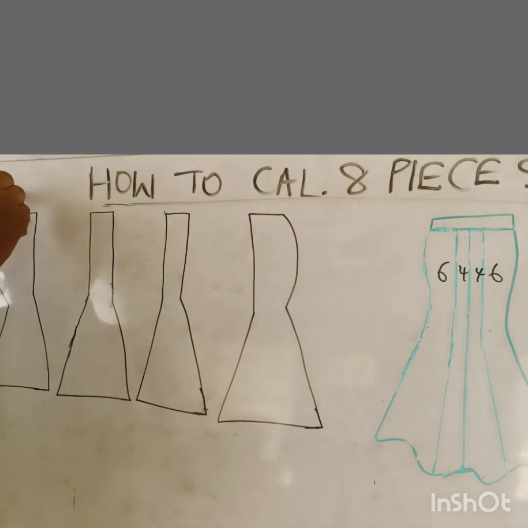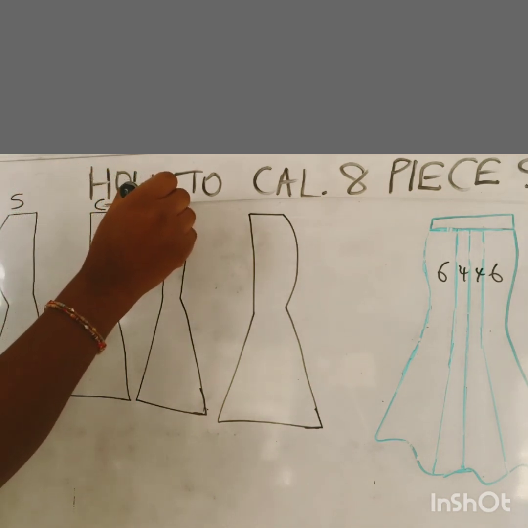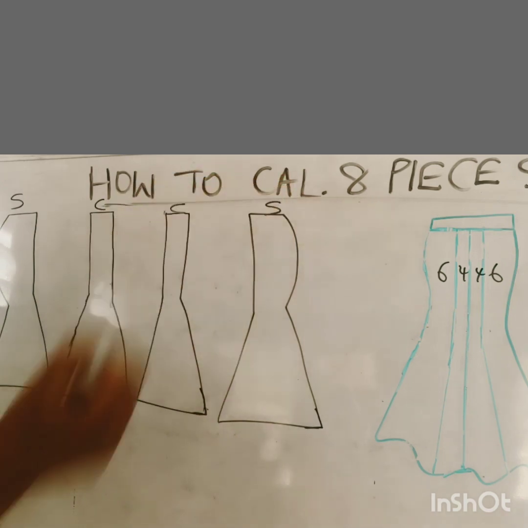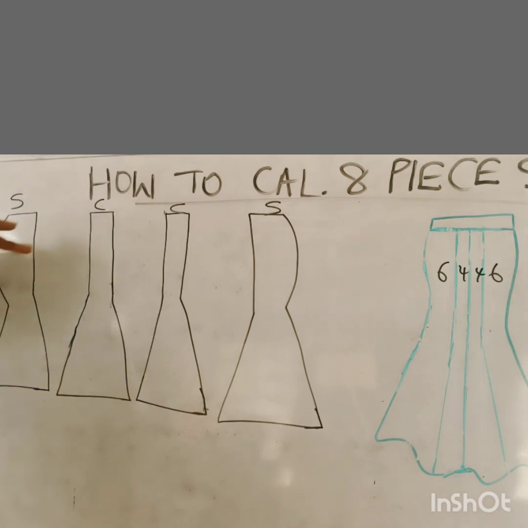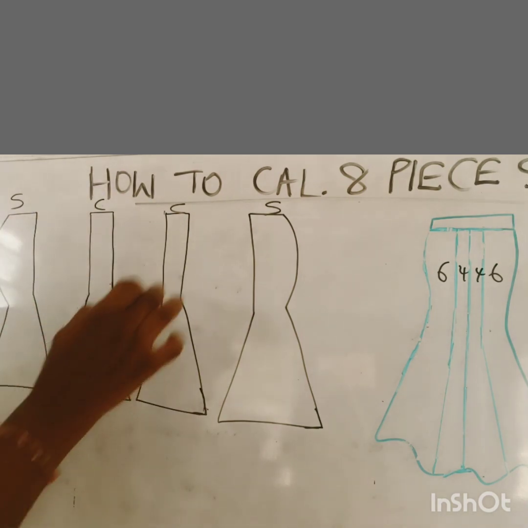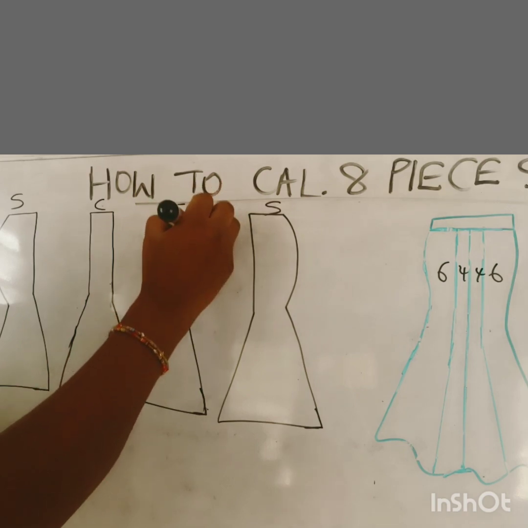So this will be the side. We are going to have 2 center and 2 side. You have side, center, center, side. And that is how the front and the back is going to be. The back will also have side, center, center, then side.